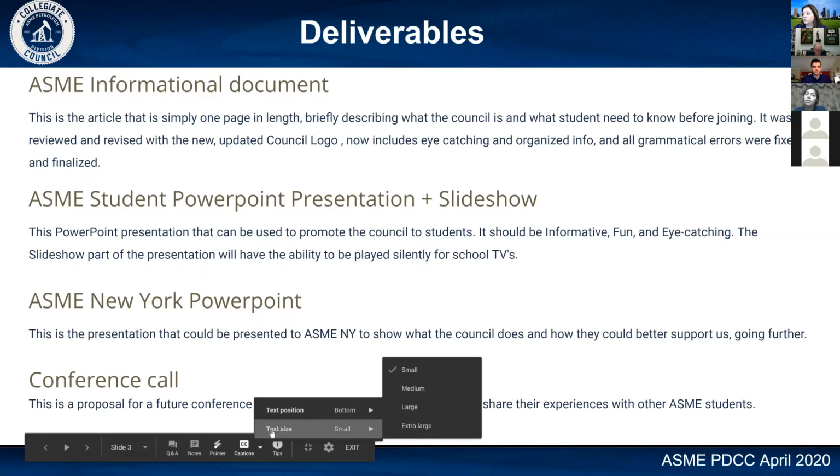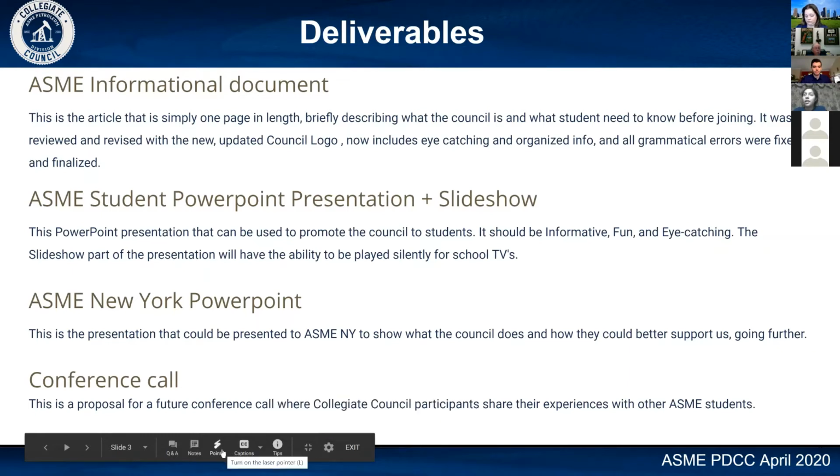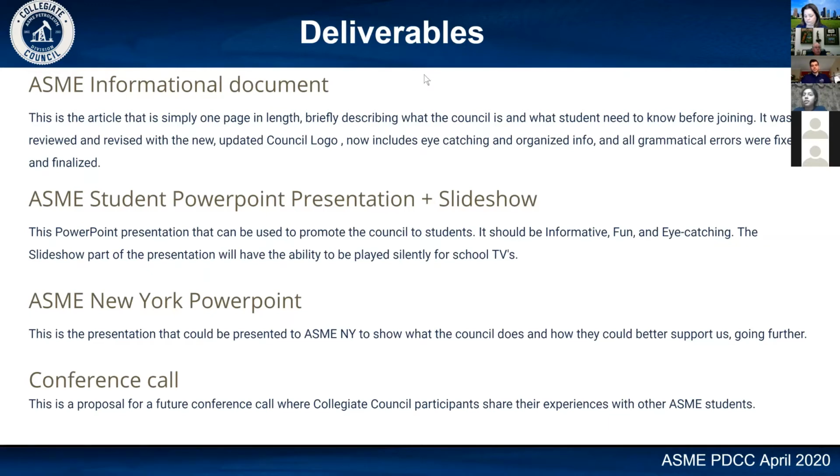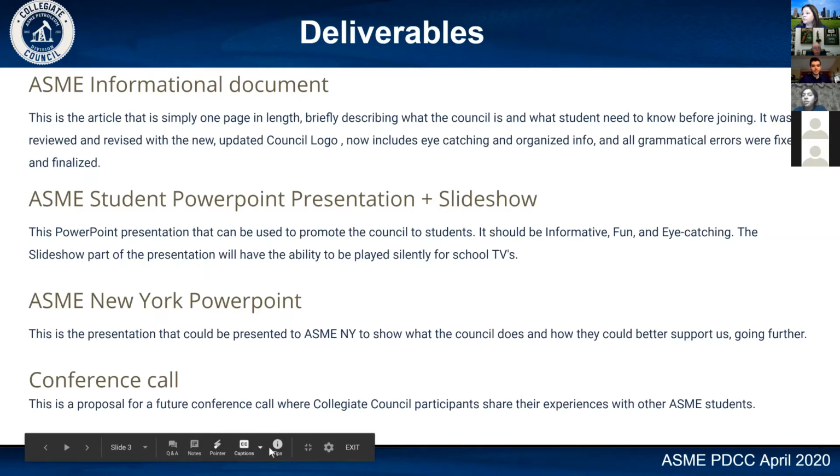There was also a manual or document that assists the presenter in how to present and what to include depending on the time they have to present and other factors. Then there's a presentation designed for the ASME management and a conference call proposal for future years to assist the process of gathering future applicants and letting them know about the Collegiate Council.